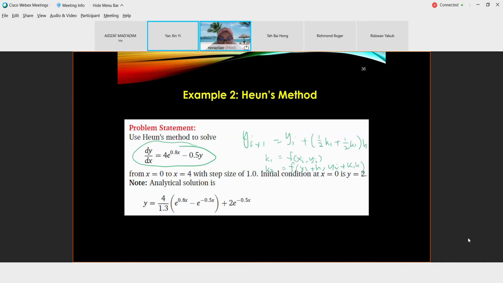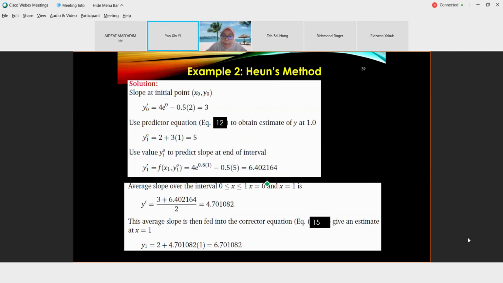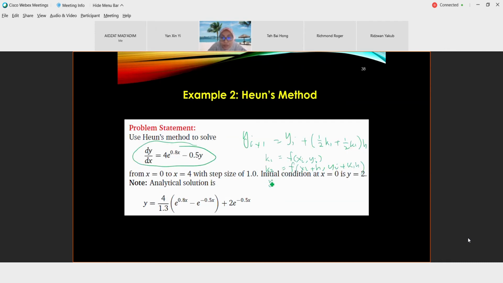Okay, so how can we write the initial condition? Initial condition is y(0) equal to 2. Good. You must transform it first. You understand it's from 0 to 4, so you only need to do it 4 times because step size is 1: 0, 1, 2, 3, 4.